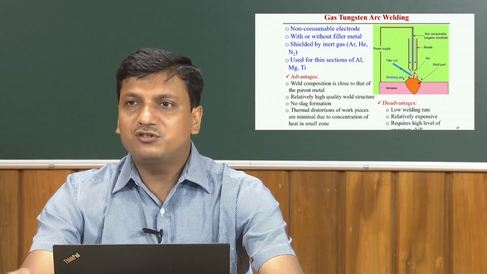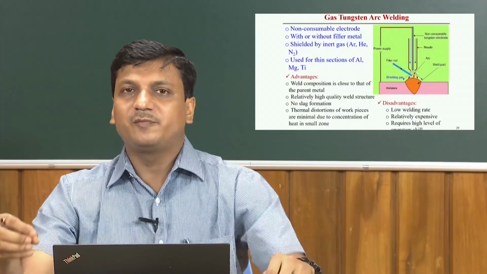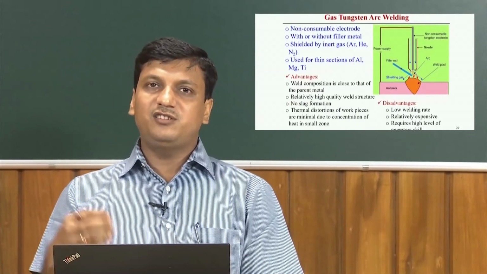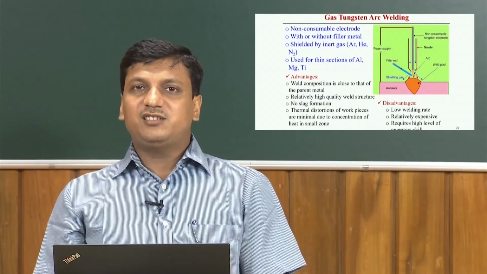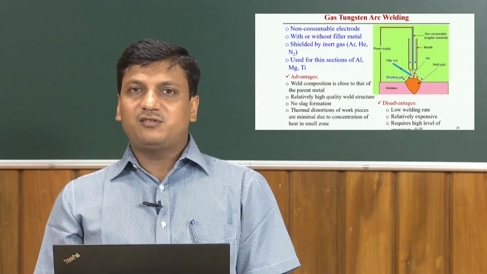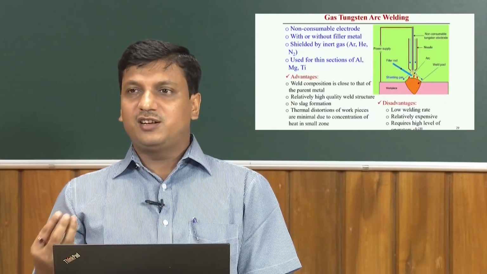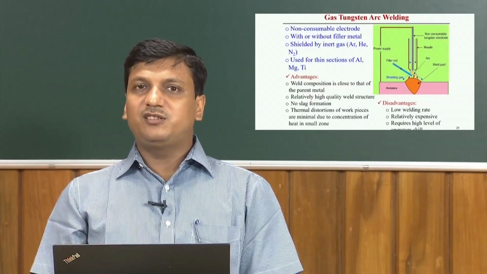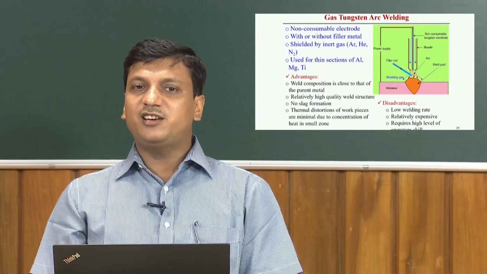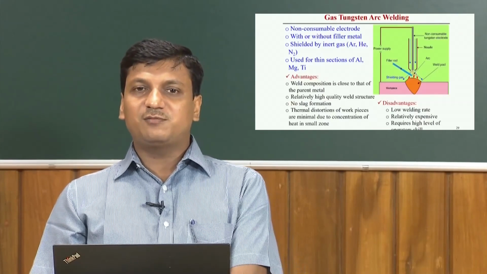In those processes, the concentration of heat depends on the size of the electrode, but in gas tungsten arc welding the electrode size can be controlled, with different shapes of the nozzle tip, and accordingly heat can be concentrated. Of course, it also depends on the shielding gas flow rate.